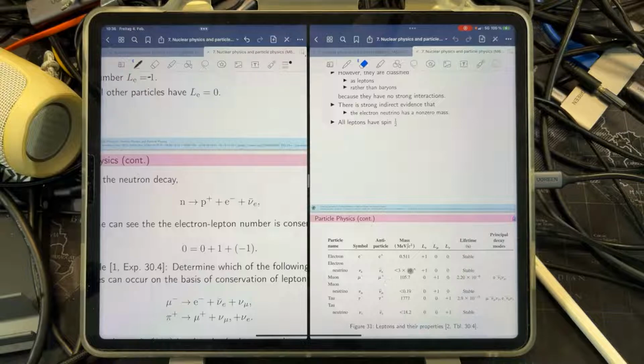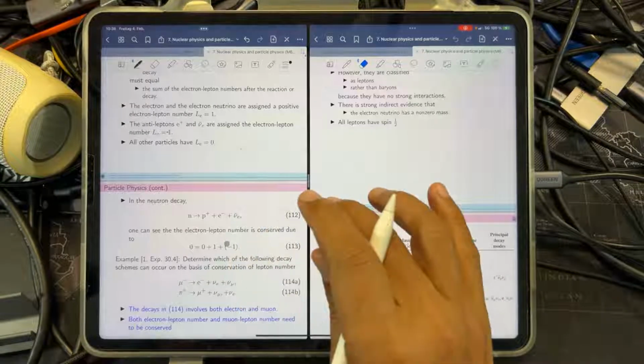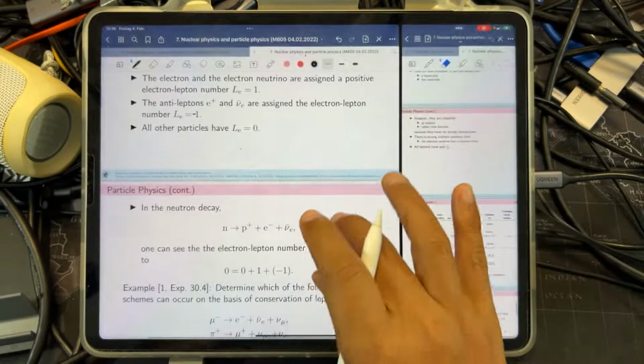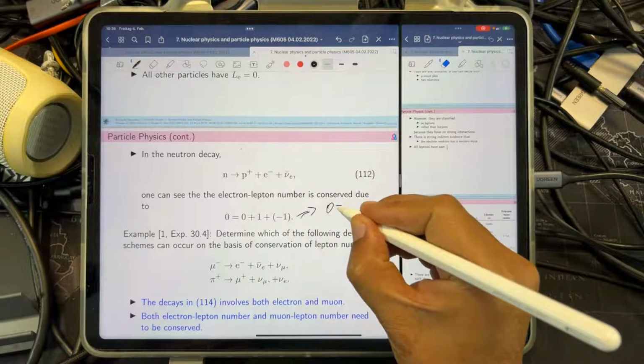Electron antineutrino would have negative 1 for electron-lepton number, so we write down negative 1. And you can see that the left hand side remains 0 and the right hand side will also remain 0. So we actually get the balance of this equation. We get 0 equals 0.